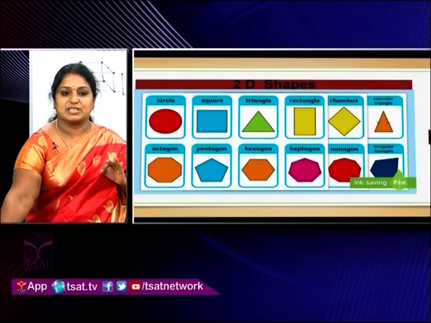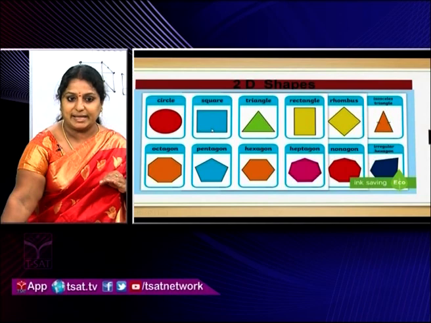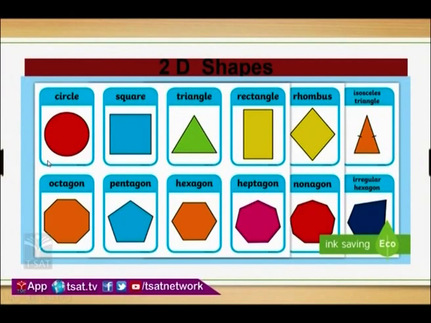The circle is bounded by a curved line, whereas the square is bounded by line segments. So all figures bounded by line segments are called polygons. So square is a polygon bounded by four line segments. This is an example of a 2D shape.